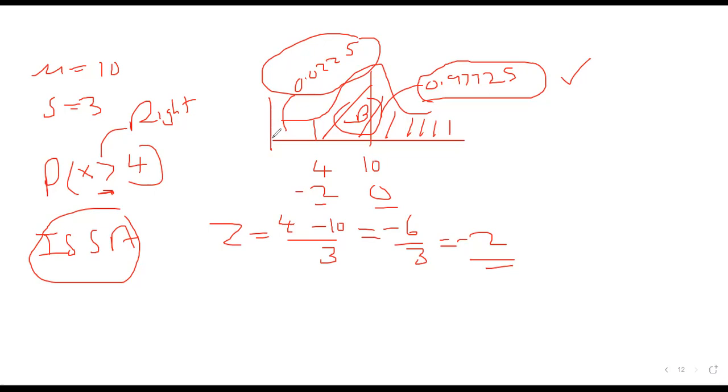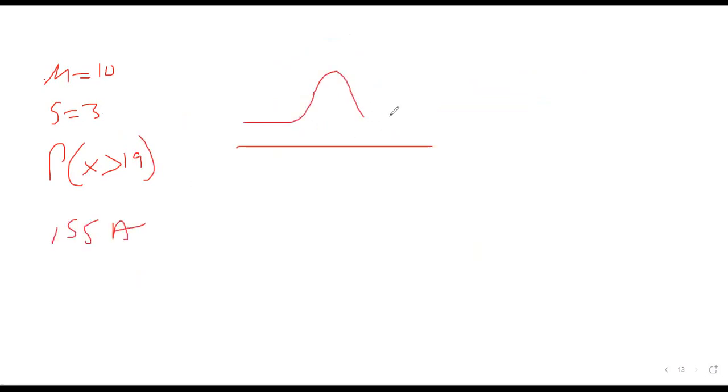All right. So the key thing is understanding the concept here. Mean is 10 and standard deviation is 3. Suppose they asked you to find X is greater than 19. So let's use ISA. What do we do? Illustrate. Where is our mean?